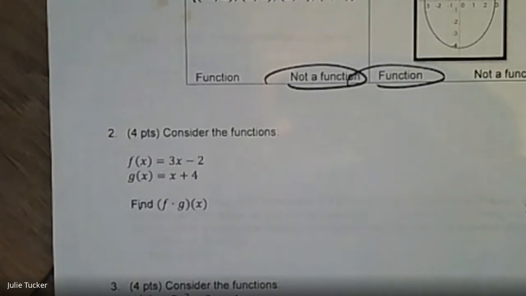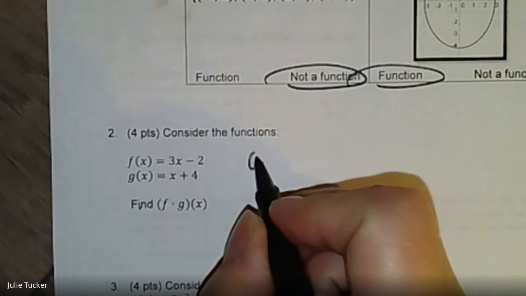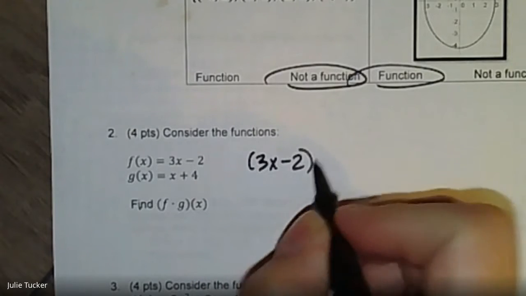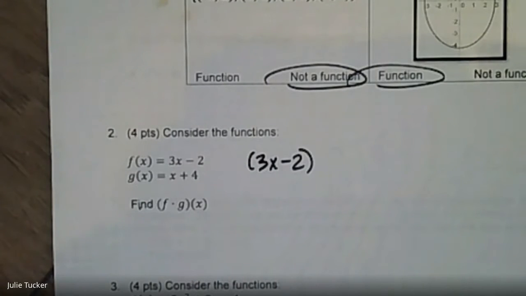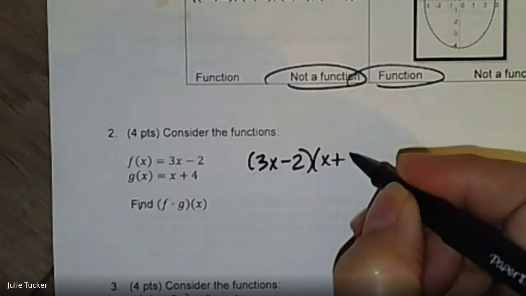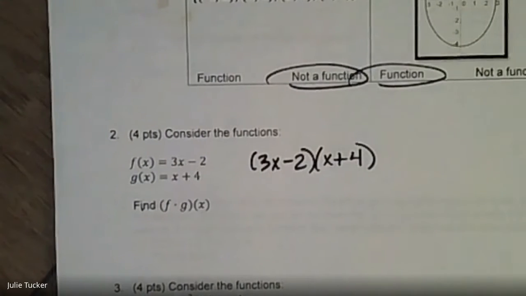Okay, so what is the first thing that I should write? What is the first equation? And then what's the other one? Okay, so tell me the first thing that I need to do.